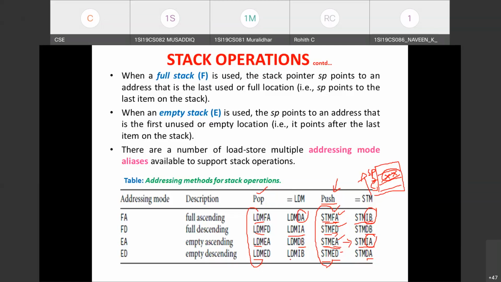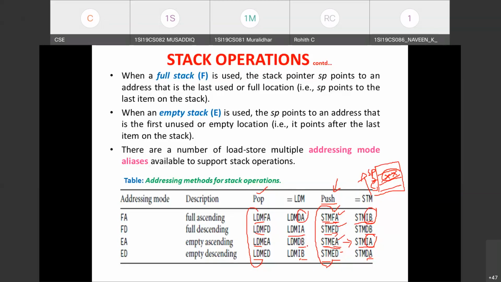The equivalent LDM instruction is, say for decrement after DA, just replace D with I and A with B, you'll get increment before. This is the addressing mode you are going to use for the pop operation. That means the SP pointer must first be incremented so that it points to the last data inserted, and then we retrieve the data from wherever SP is pointing to.